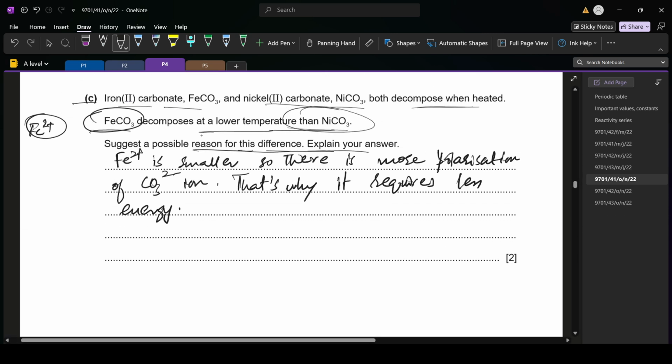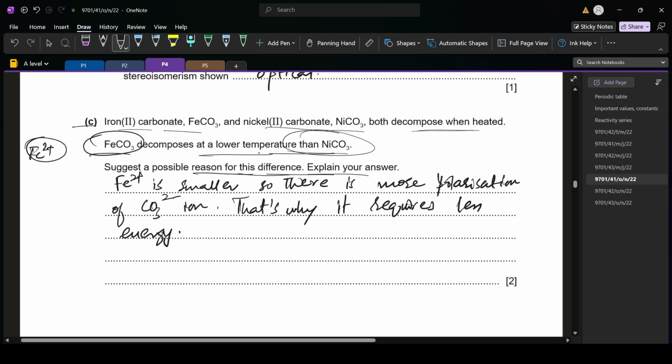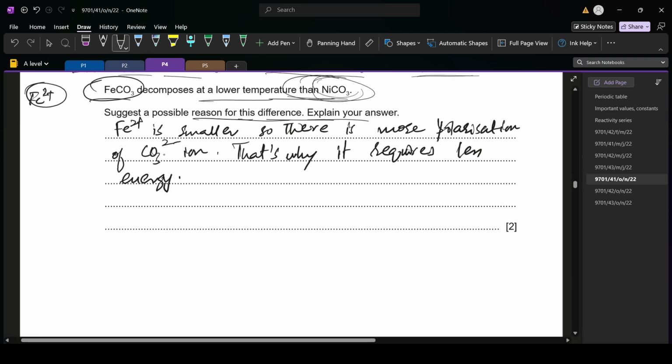So it will require a lower temperature, or you can write the opposite for nickel carbonate. So this is the possible reason.